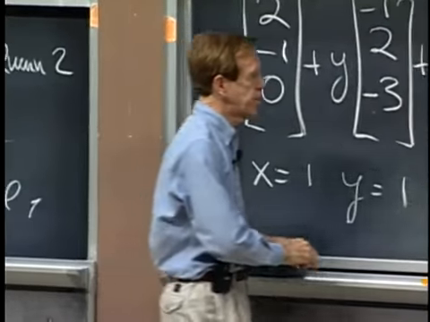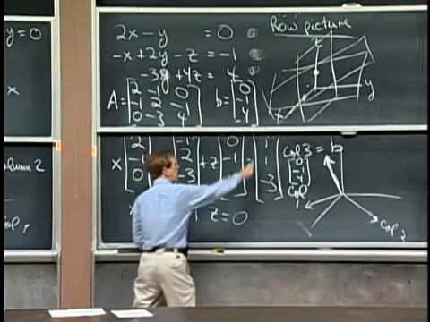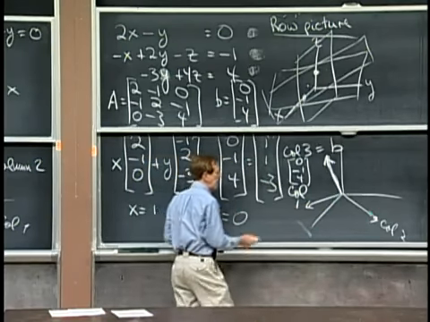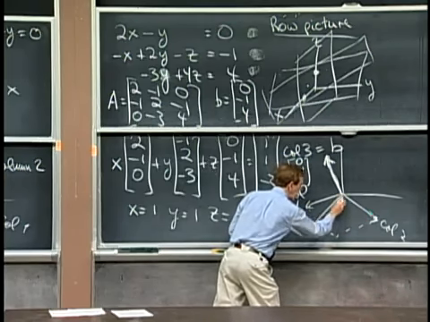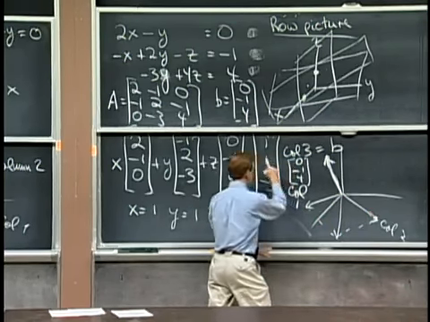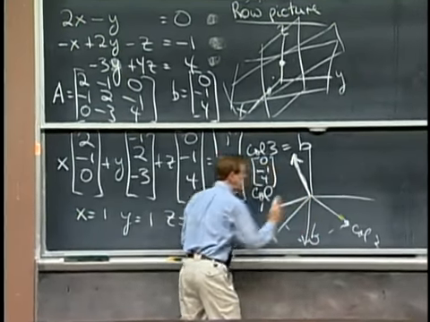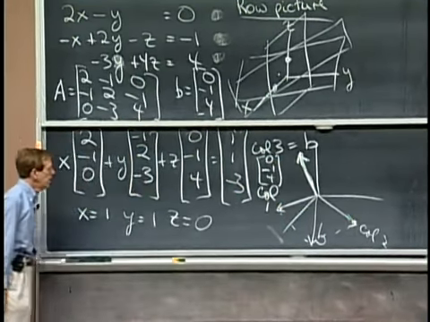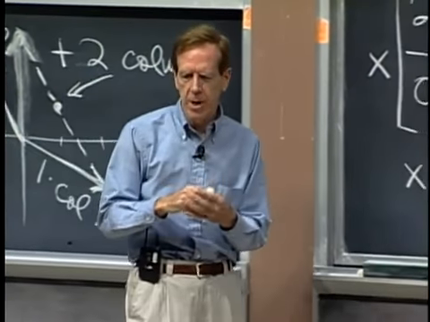In the column picture, I have the same 3 columns, but now I'm combining them to produce this guy. Column 1 plus column 2, one of this and one of this, would give me the new B.